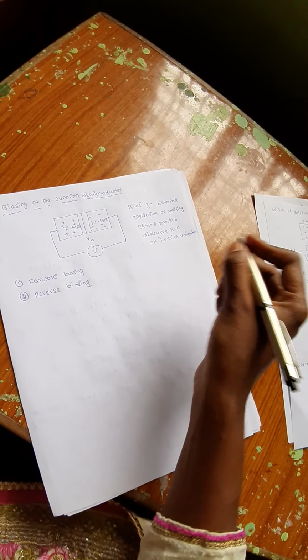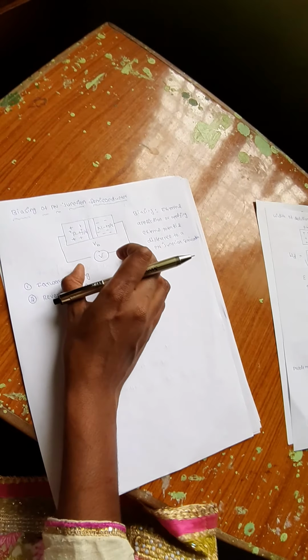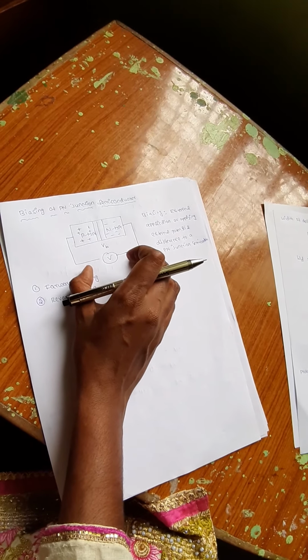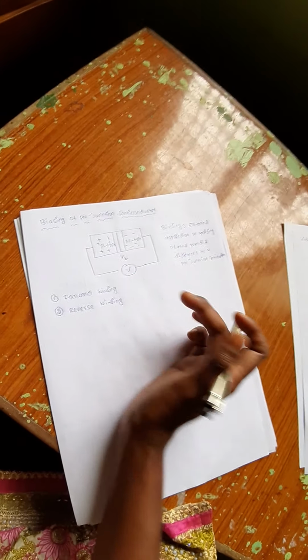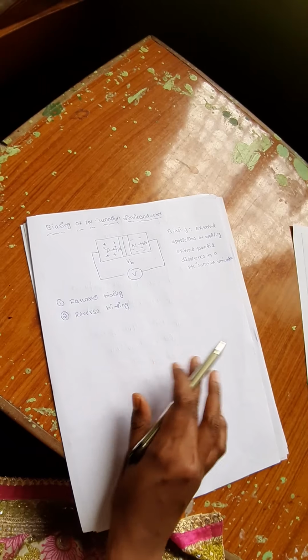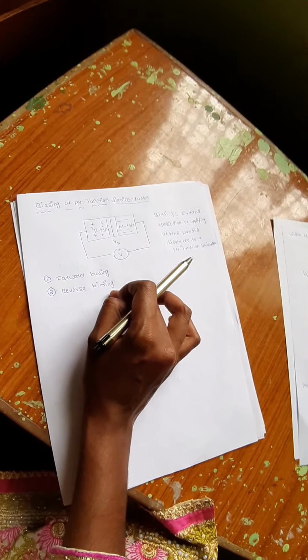Because of that there is a modification that takes place within this PN junction due to the biasing process. So biasing is generally of two types, forward biasing and reverse biasing.